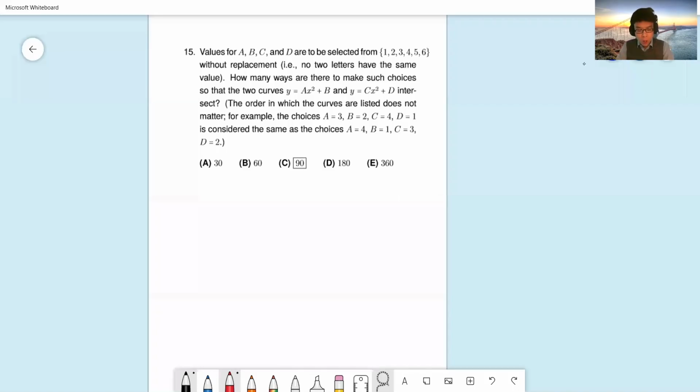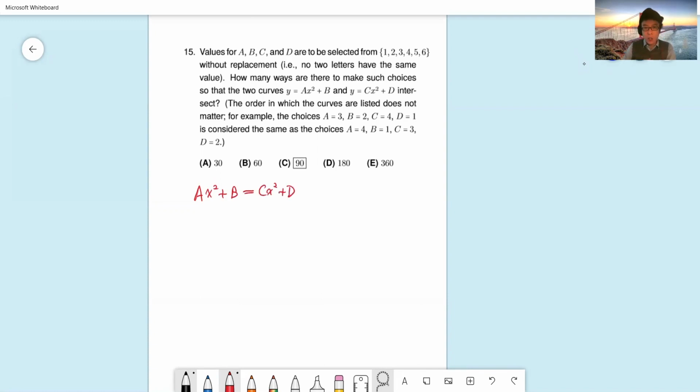Question 15. Values for A, B, C, D are to be selected from the numbers 1 to 6 without replacement, so they are distinct. How many ways are there to make the choice so that the 2 curves intersect? The 2 curves intersect means a solution exists for the equation ax squared plus b equals cx squared plus d.